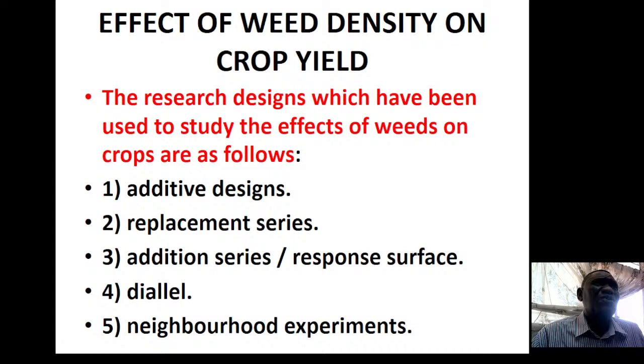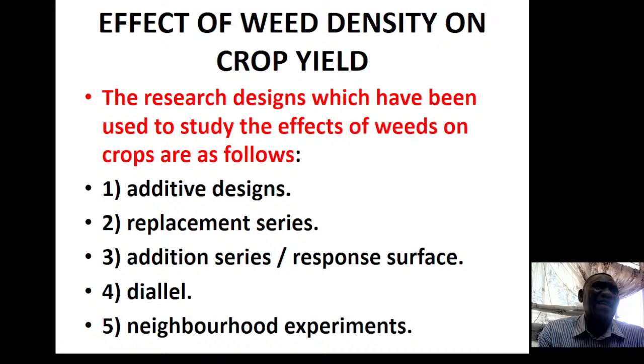So, in order to understand the effect of weed density on crop yield, there could be need to carry out some studies or to do some experiments. And most of the common experiments which are done, number one, we've got the additive designs, then the replacement series. Number three, we've got addition series or response surface.